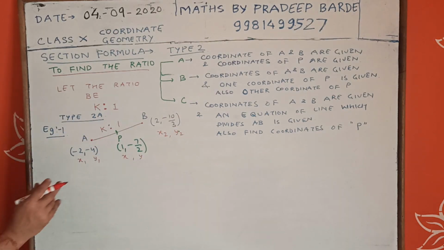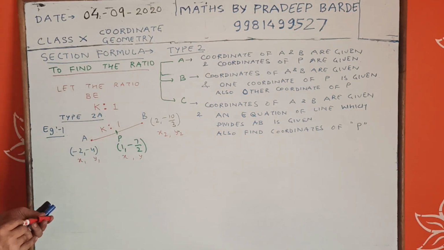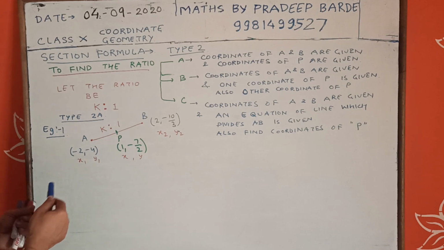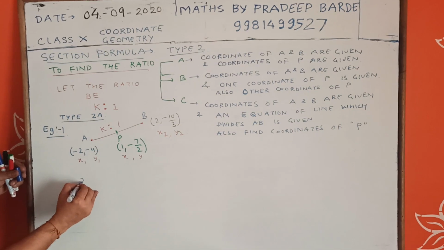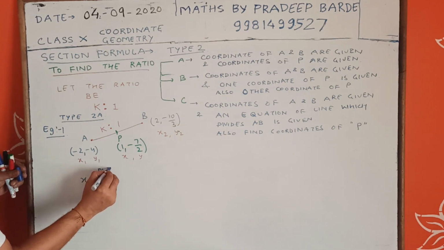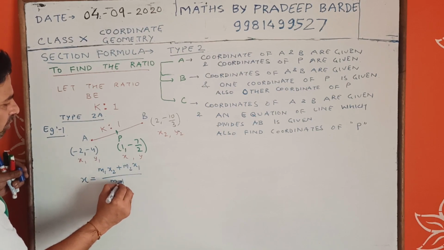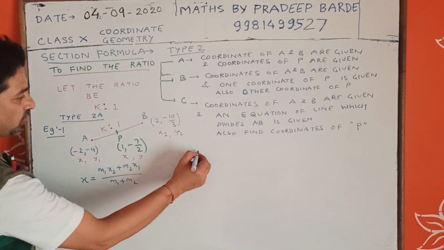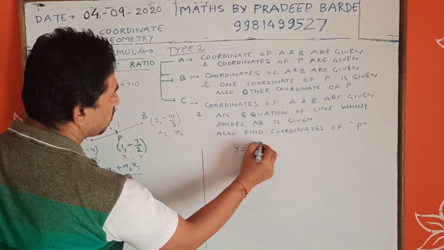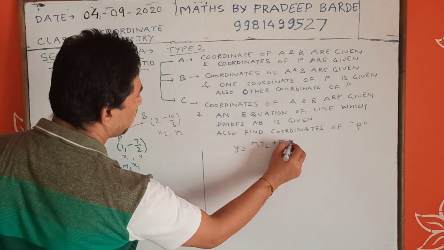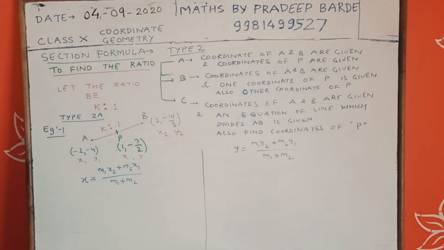So students, you can apply x और y दोनों मालूम है तो किसी भी एक कोऑर्डिनेट के लिए आप सेक्शन फॉर्मूला अप्लाई करेंगे. लेट्स अप्लाई फॉर x. दोनों से आपको सेम आंसर मिलेगा. वी हैव x इज इक्वल टू (m1 x2 प्लस m2 x1) अपॉन (m1 प्लस m2). दोनों से सॉल्व करते हैं. दूसरा y इज इक्वल टू (m1 y2 प्लस m2 y1) अपॉन (m1 प्लस m2).